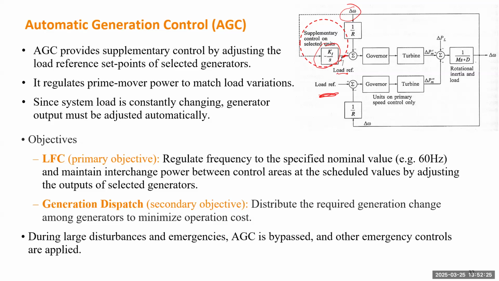At the end of this section, we'll talk about other control methods, such as under-frequency load shedding. There are multiple levels of control. Under emergencies, you need to do a very large amount of generation or load control to bring the system close to the safe, secure range, and then use the governor to bring the frequency back to a very narrow area near 60 Hertz. Then use AGC to really bring it back to 60 Hertz.